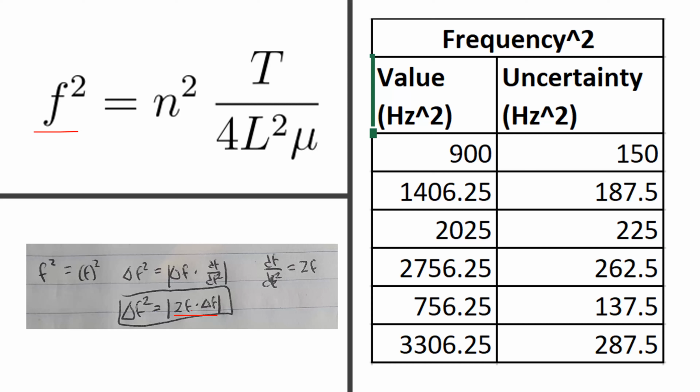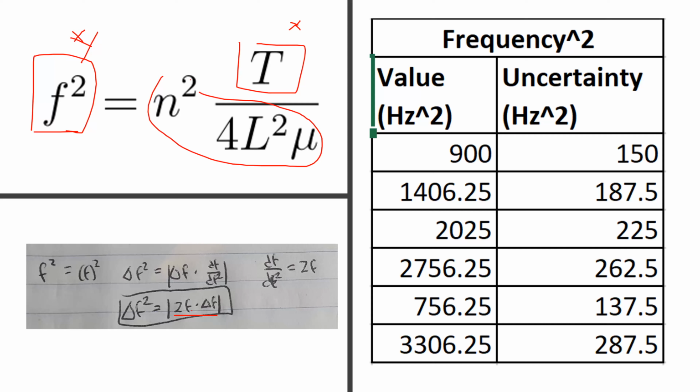So we have our y-axis and our x-axis. The frequency squared will be y, and the tension will be x. So the rest, which is this part here, will be the slope of a linear best fit line, which includes the linear density, as you can see right here.